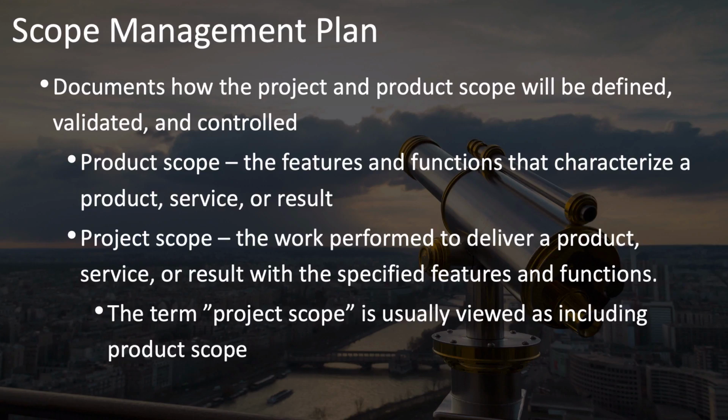Project scope includes things such as project management, that is work that you need to do in order to deliver the product. In general, however, the term project scope will refer to both the scope of the product as well as the scope of the work that has to be done to deliver the product.